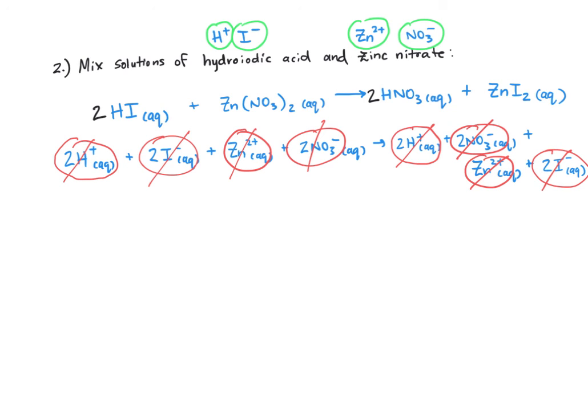Everything is a spectator ion, meaning there's no chemical change. There's no difference between our starting materials and our products, and so we would not expect to see any result from mixing these 2 solutions of hydroiodic acid and zinc nitrate together. Another way to put this is when asked for a net ionic equation for this reaction, we'd predict no reaction whatsoever.